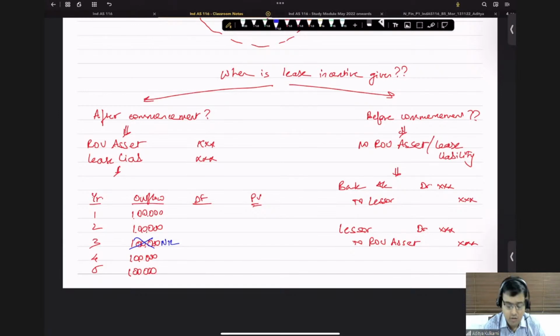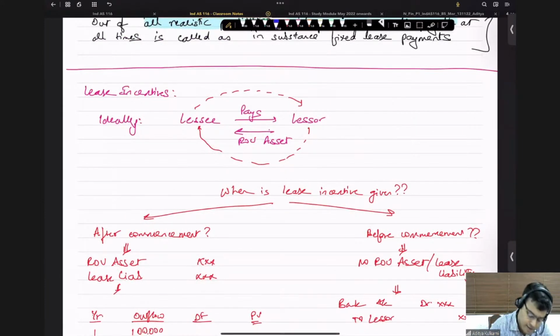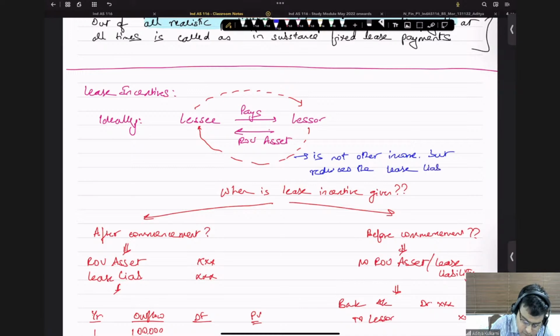You cannot take this 1 lakh as other income; it reduces the lease liability.